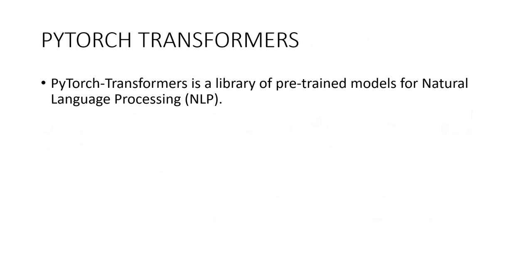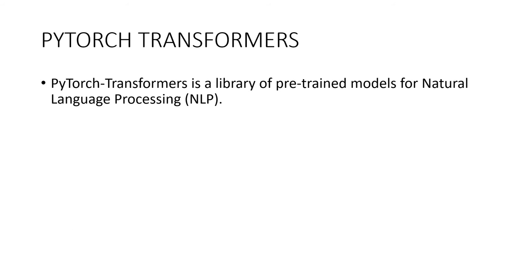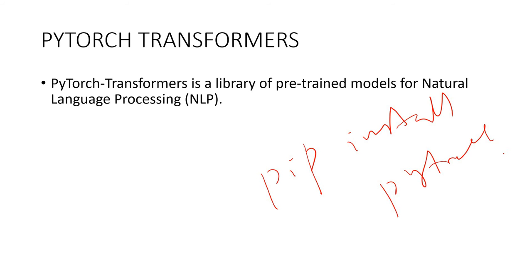Now, in the implementation, we are using PyTorch Transformers. PyTorch Transformers is a library of pre-trained models for natural language processing. To install it, you can give a pip install pytorch-transformers, and then you will get these libraries.